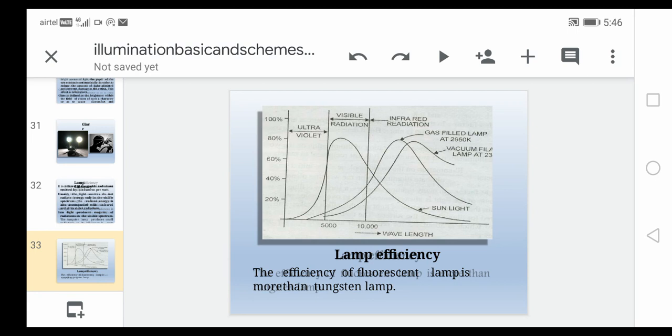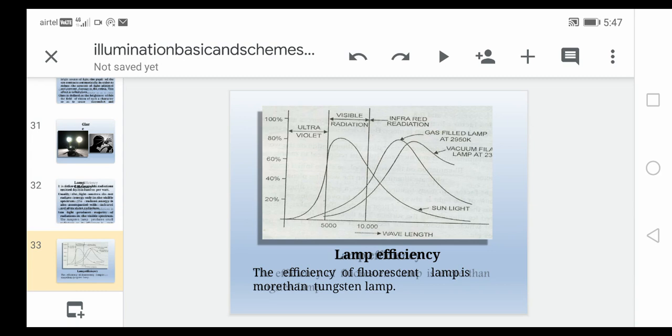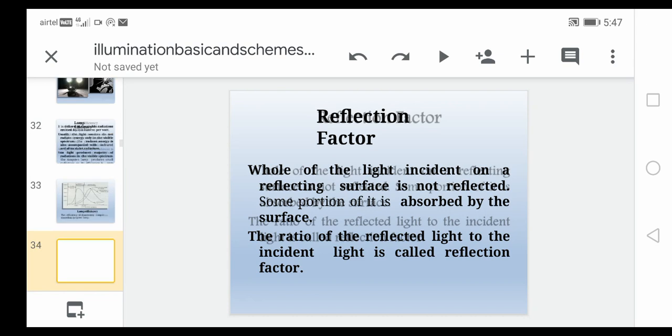The efficiency of sunlight will be more, about 80%. Similarly for gas filled and vacuum filled lamps. As the wavelength increases, the efficiency of those lamps and sunlight also increases. The efficiency of a fluorescent lamp is more than the tungsten lamp.